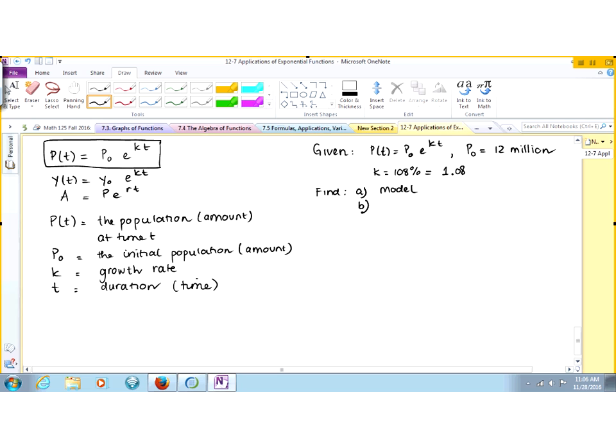A is model. B, what do you have to find in B? P of t when t is 2009. When year is 2009. Yeah. Okay. So when year is 2009, but not when t, but when year is 2009.